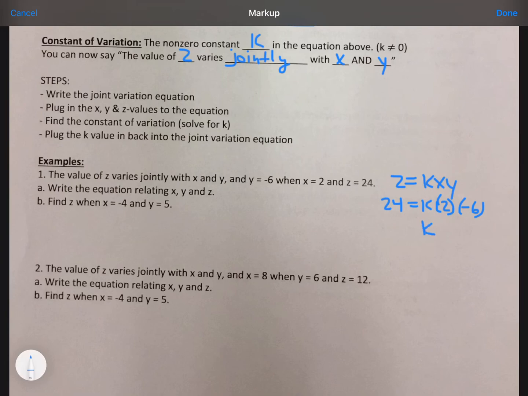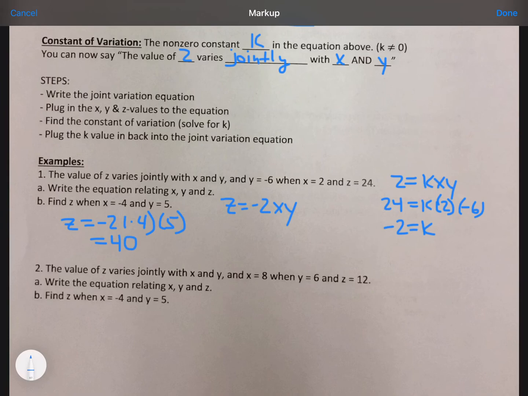So we end up with k equal to -2. So our equation is z equals -2xy. And now we need to find z when x equals -4 and y equals 5. z equals -2 times -4 times 5, which gives me 40.